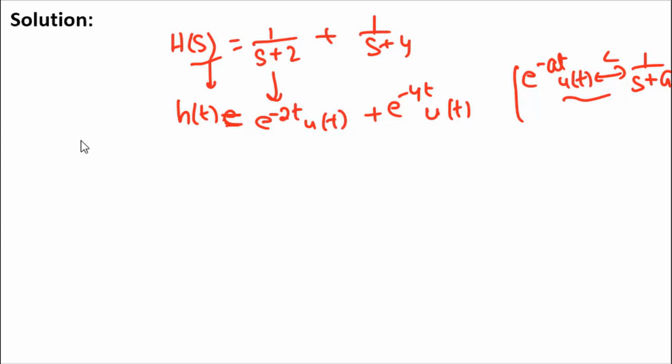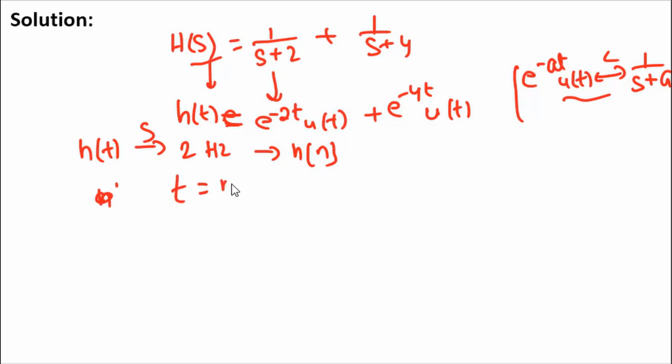Now, your h(t) is sampled at 2 Hertz. So you are applying the sampling to h(t) to obtain h(n). Your t changes to nTs, or you can write this as n times 1 over fs. Fs is given as 2 Hertz, so this becomes n/2.